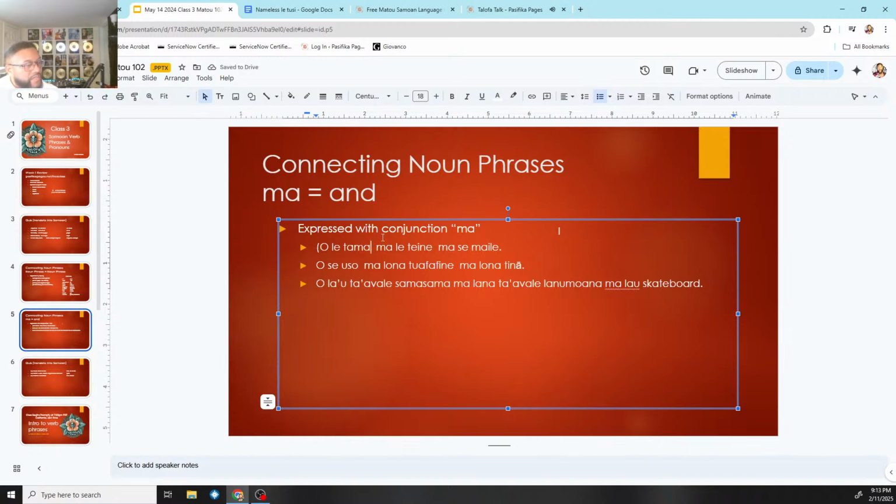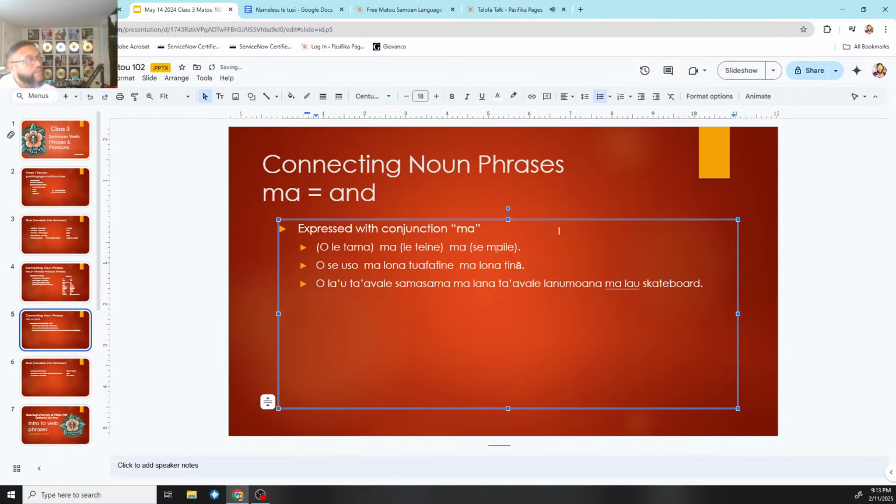O le tama, the boy, and then le teine, the girl, and se maile, a dog. And we just connected them with the word ma, all right?